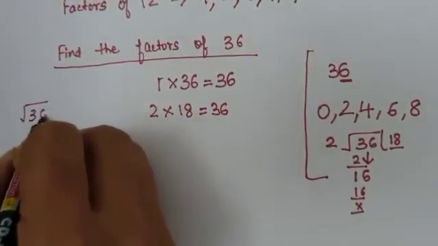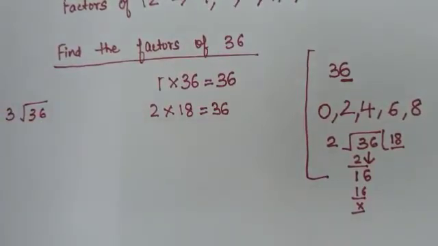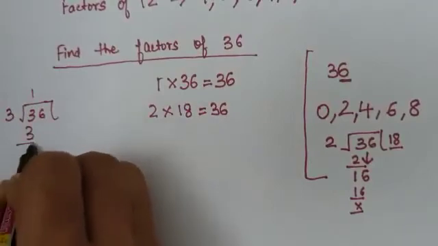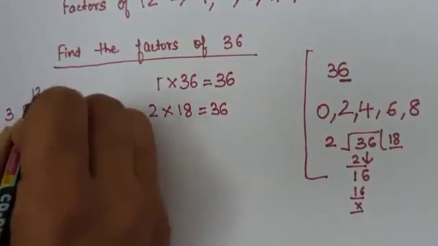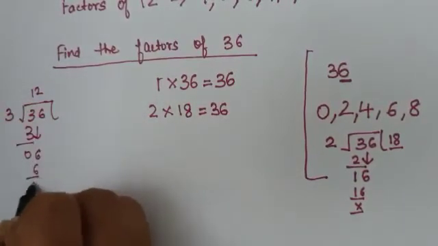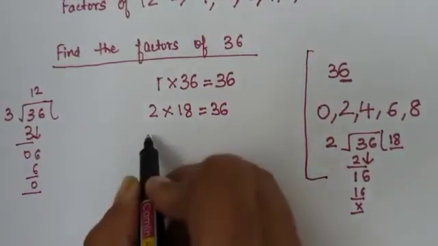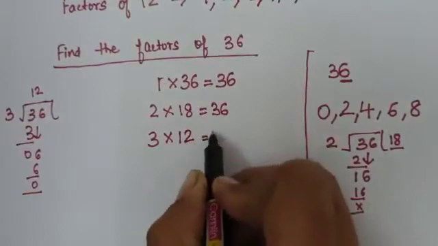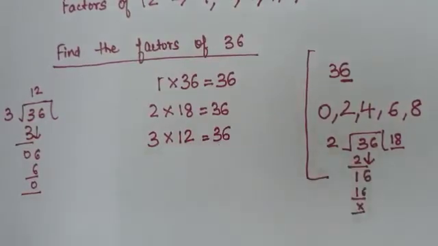36 divided by 3. 3 1s are 3. Then 3 2s are 6. So can I write 3 multiply 12 is equal to 36. Clear?